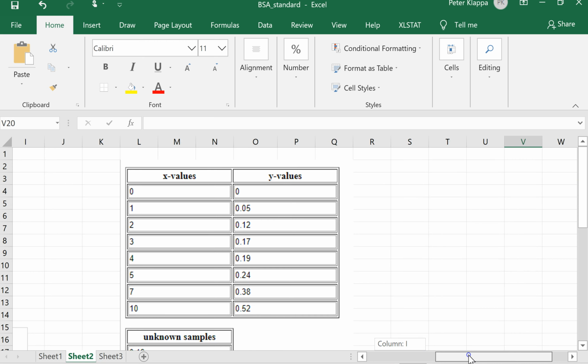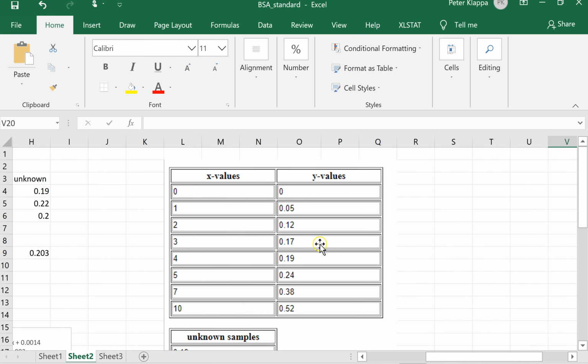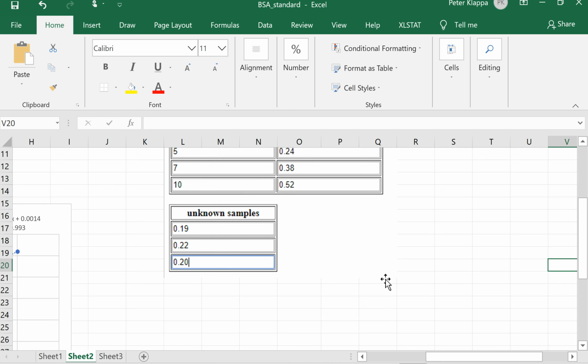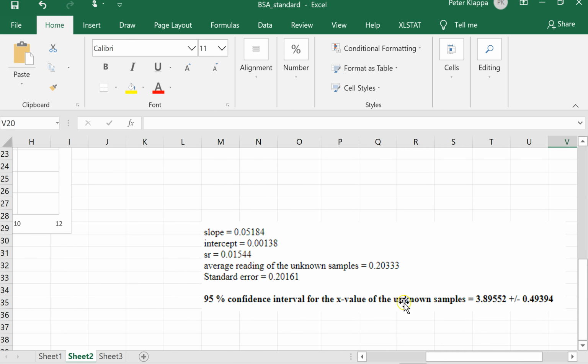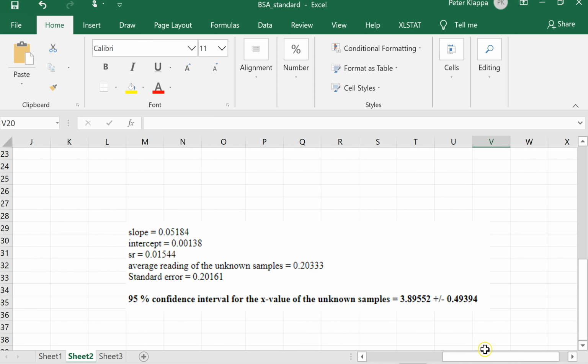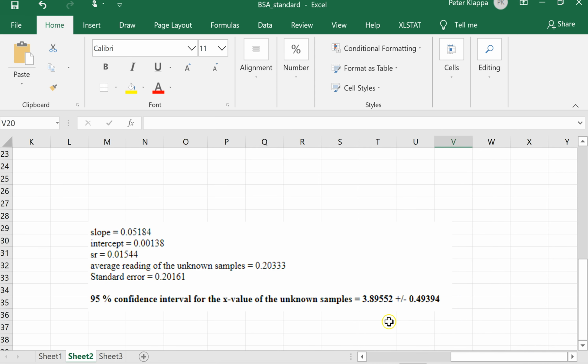So here the X values represent the microgram of BSA, and the Y values represent the corresponding absorbances. And here you have the unknown samples that we discussed, and the program will calculate for you. And again, the link to the website with this program you can find in the description of this video.